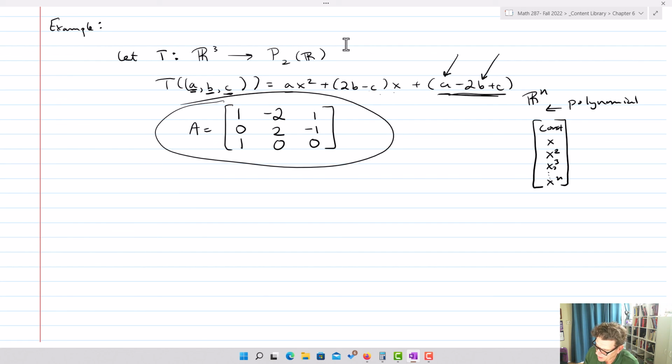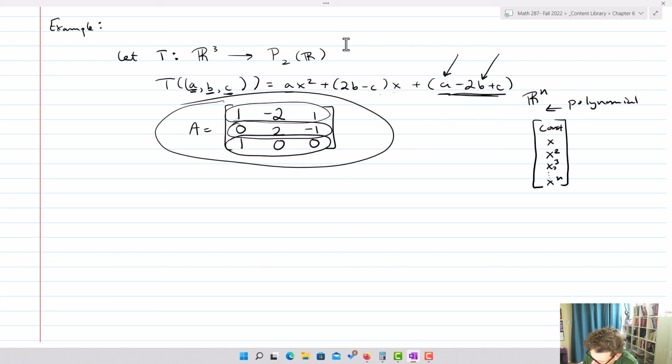If I want to go backwards, what do I need to do? Well, I've got to actually go backwards. So what that means is that this is going to be my constant term, this will be my x term, and this will be my x squared term.